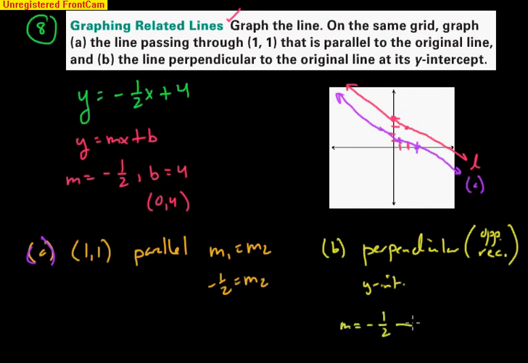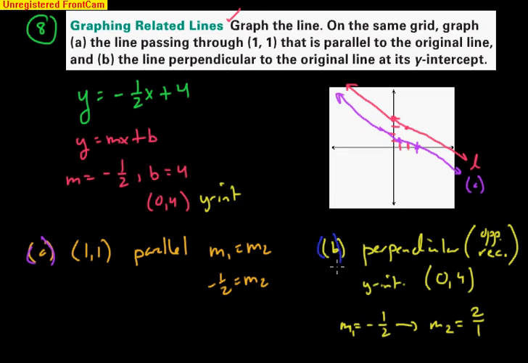So if I look at the original slope of negative 1/2, the slope we're going to use is the opposite, which is positive, and the reciprocal, 2 over 1. The second thing I need to do is grab the y-intercept of the original line. Well, the original line had a y-intercept of 0, 4, so that's the point I use, 0, 4.